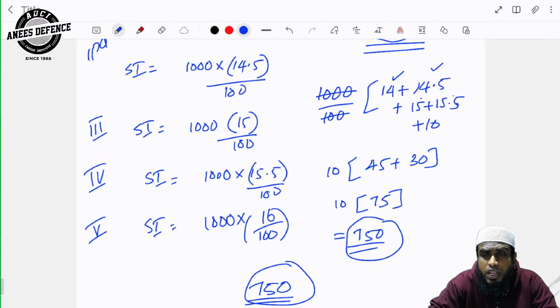So even though the rate of interest is increased by 0.5% every year, in each year we have to calculate the interest based on the initial invested amount. That is important. That is the answer of this question.